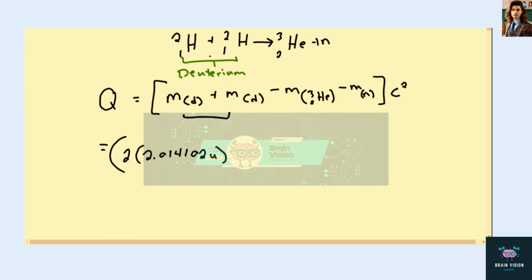And it's just going to make writing this out a little bit easier. 3.016029 U is that mass, and then the other one is 1.08665 U. And we have the C squared here.